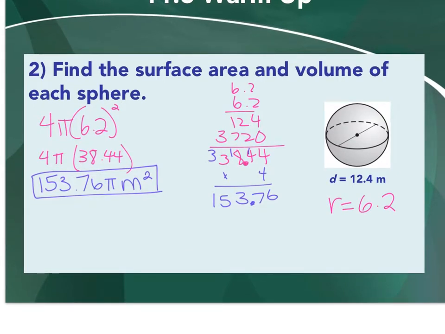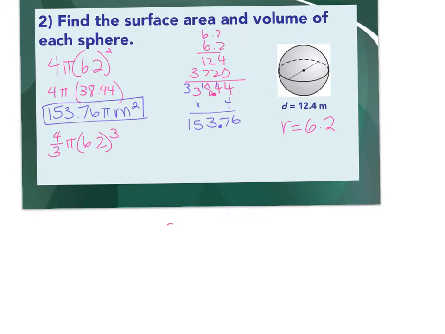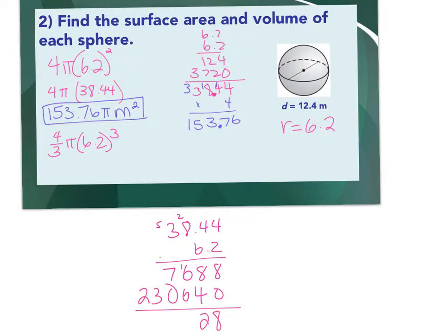And then volume. So 4/3 pi 6.2 cubed. So I already multiplied 6.2 times 6.2 to get the 38.44. I'd have to do it again. 6.2. And move my decimal 1, 2, 3 places.